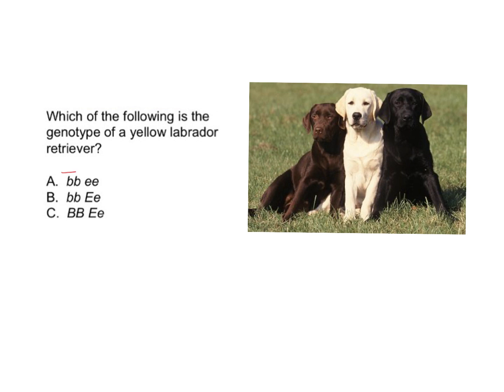The combination of B's would determine whether it's going to have black or brown fur, but if they have the epistatic gene as the homozygous recessive genotype, then the black or brown won't matter. It's definitely going to be yellow, which means the genotype which will give you a yellow Labrador retriever is A. While we're on this, let's have a look at what the other two would be.